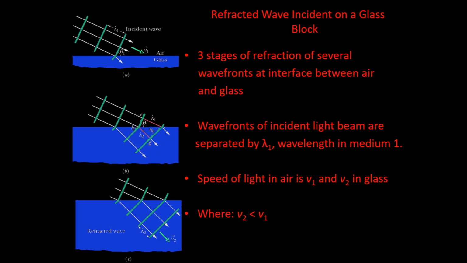This will change the positions of the wavefronts in terms of the refracted wave. So the light wave will propagate through medium 2 with velocity v2 at some angle compared to its original incident wavefront. And that means you'll see this change in the wavefront, and you'll see a change in the position of each respective wavefront.